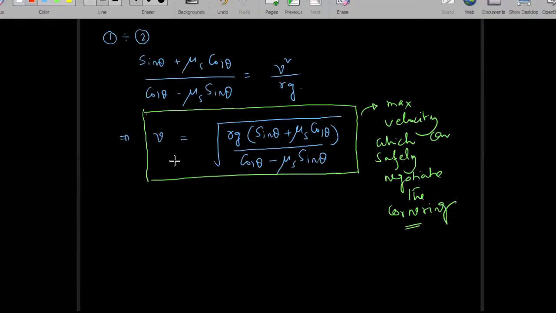Okay, so you will tag this as the maximum velocity. Okay, is this fine for everyone? Right?